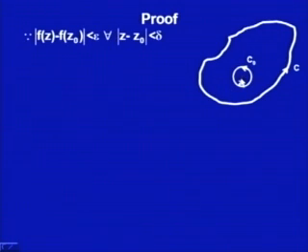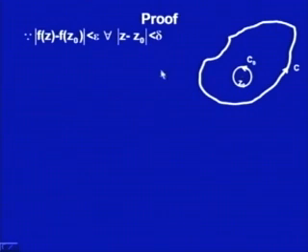That says that if I take any small neighborhood of z naught, the difference of the function values can always be made arbitrarily small. So, by the definition of continuity, mod of f z minus f z naught would be less than epsilon for all z lying in a delta neighborhood of z naught, that is, mod of z minus z naught is less than delta.